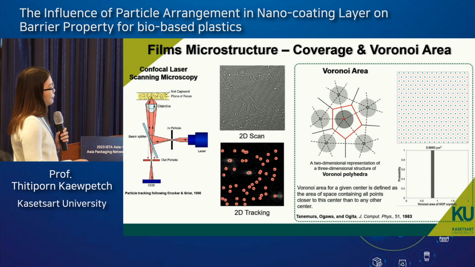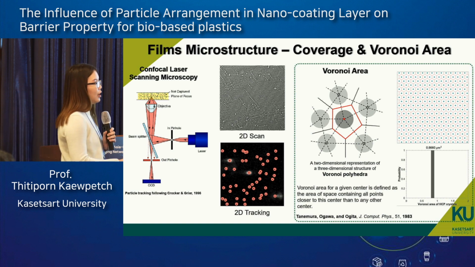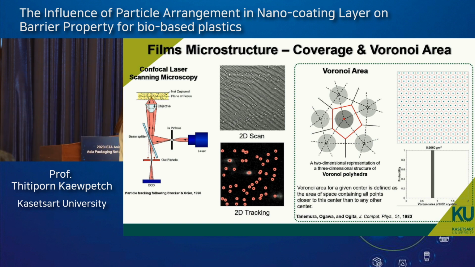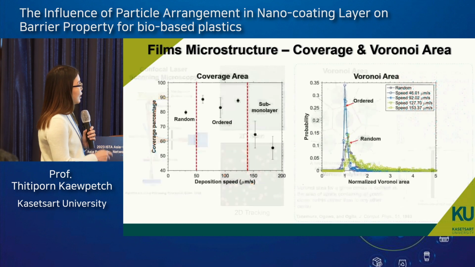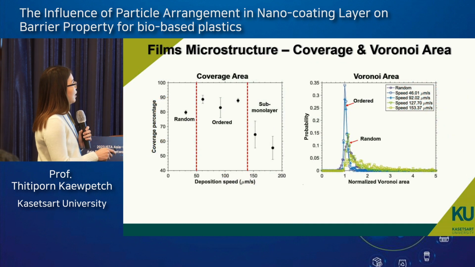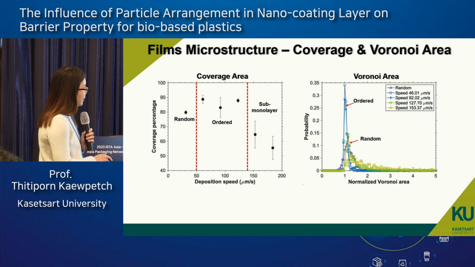If the structure has the HCP, or hexagonal close packed structure, the Voronoi area is around 0.866 micrometer squared. For the ordered structure, the coverage area is pretty high, above 80%.